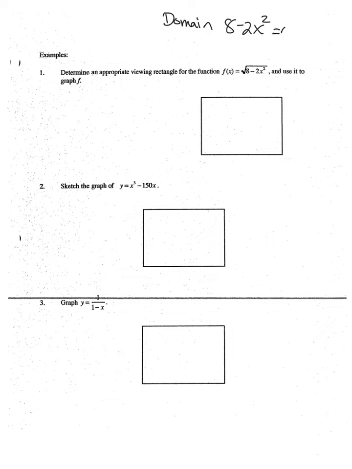Let's set it equal to 0 and then just do an interval test. I'm going to factor out a 2 and I get 4 minus x squared. This would be 0 if x squared were equal to 4. That is, if x were equal to plus or minus 2.